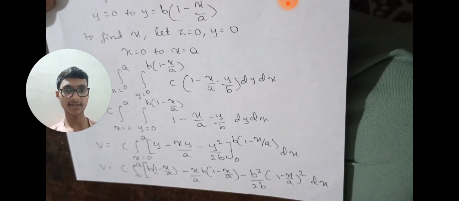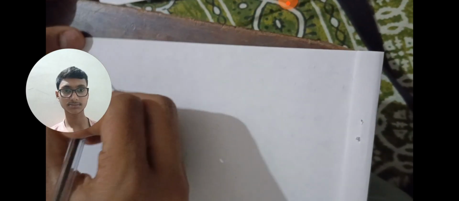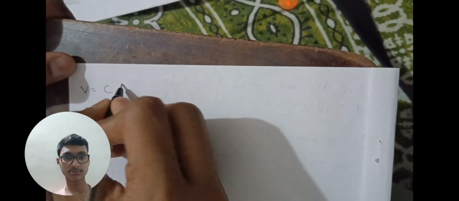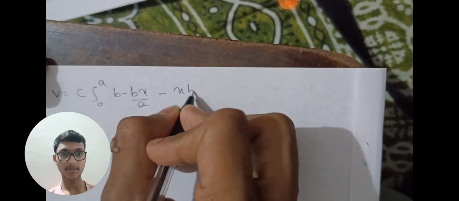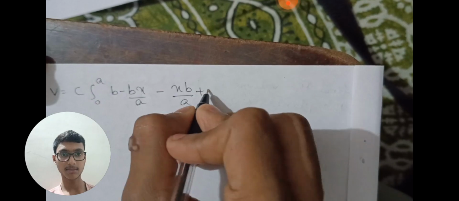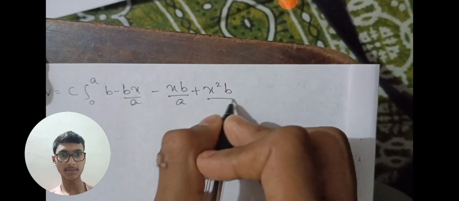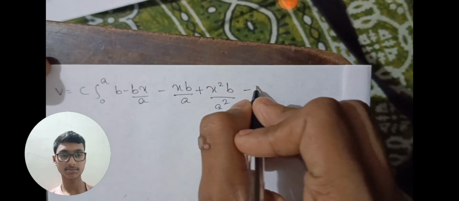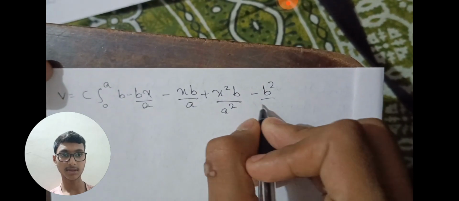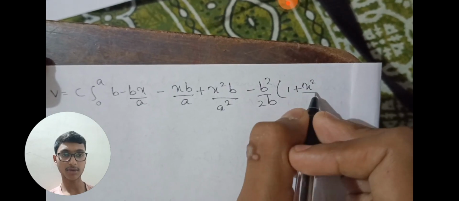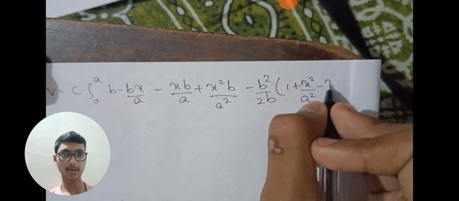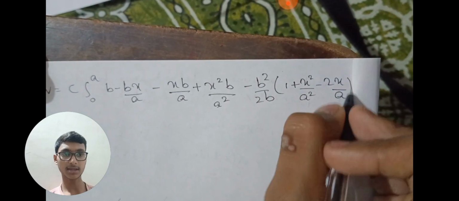So let us simplify this. v is equal to c into integral 0 to a of b minus bx by a minus xb by a plus x square b by a square minus b square by 2b into 1 plus x square by a square minus 2x by a.